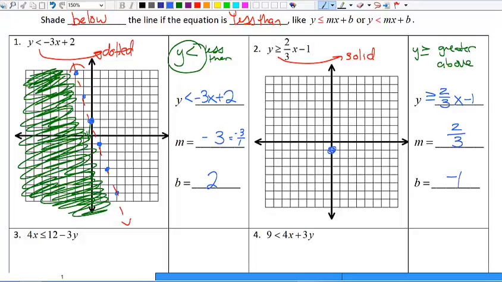So I have a negative 1 there, and I'm going to go up 2, right 3, up 2, right 3. Or I could go down 2 and left 3. I know that's going to be a solid line. We've already talked about that because it's greater than or equal to.